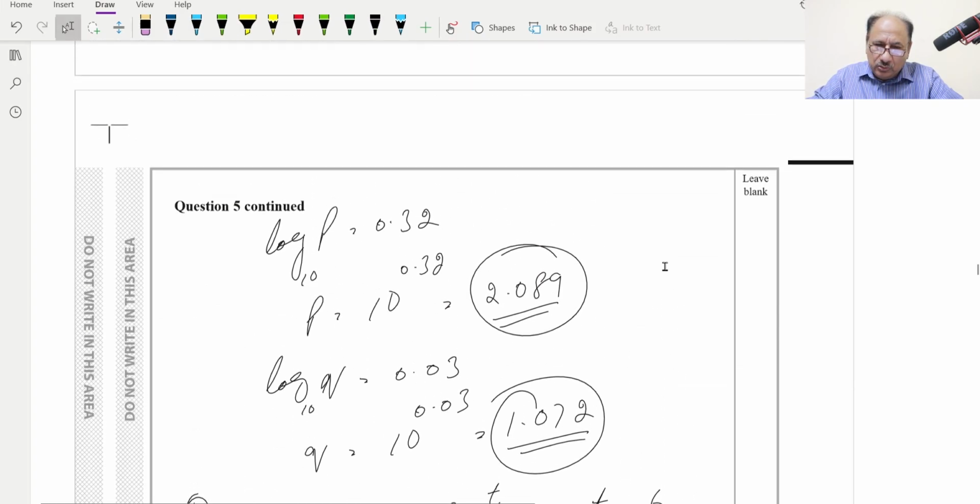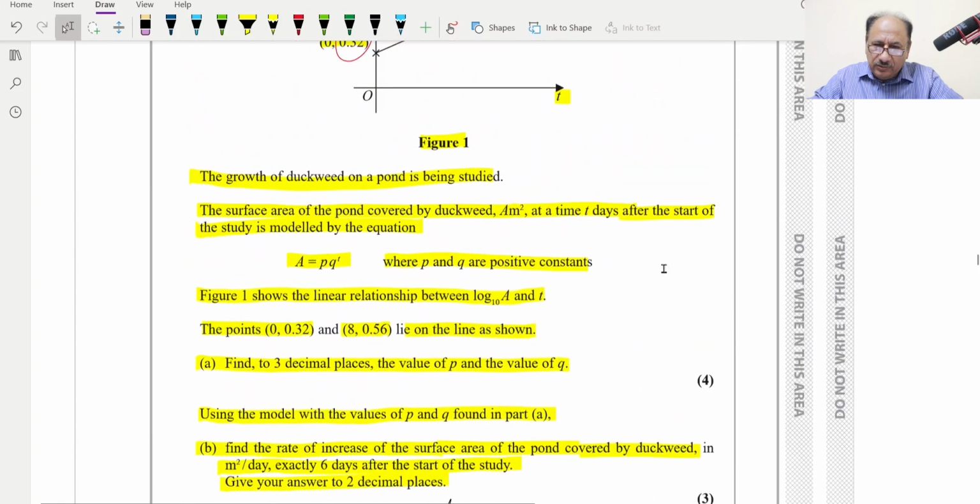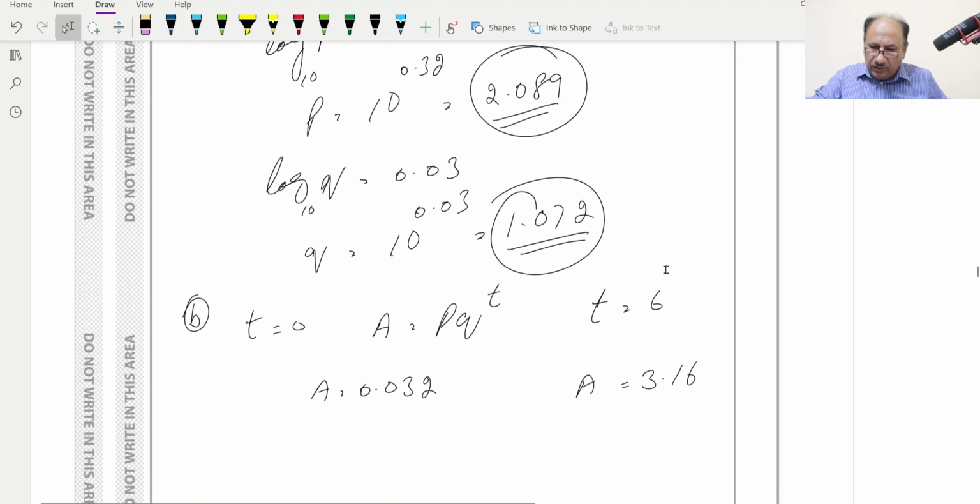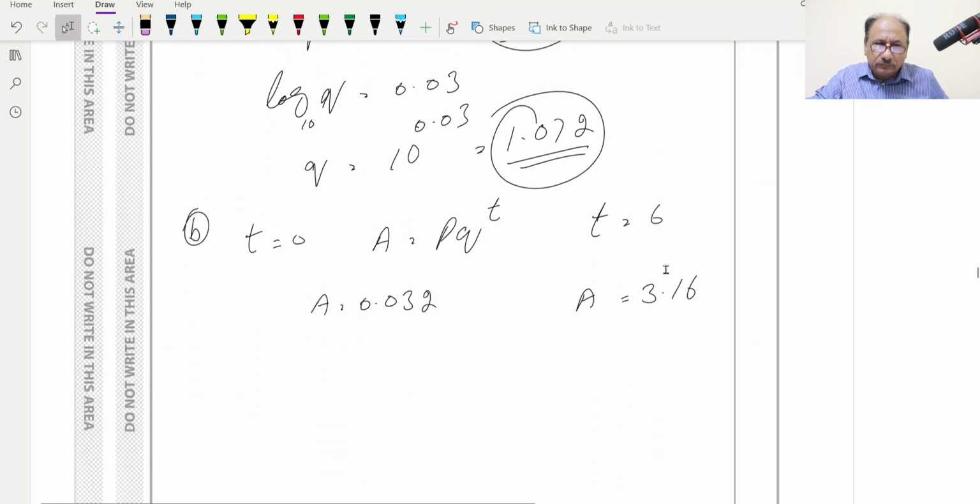3.16. So basically we have done this part.